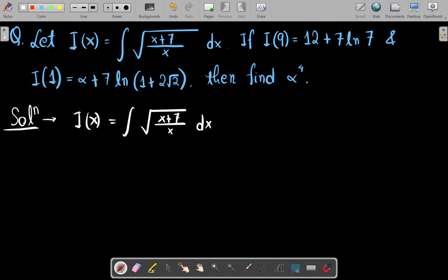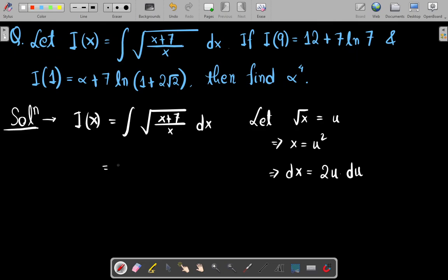We are given this integral square root of x plus 7 upon x. Let us try the substitution: let this square root of x be u. If root x is u, then x will be the square of u, so this will be u square. Now if we differentiate both sides, we get dx is equal to twice u times du.